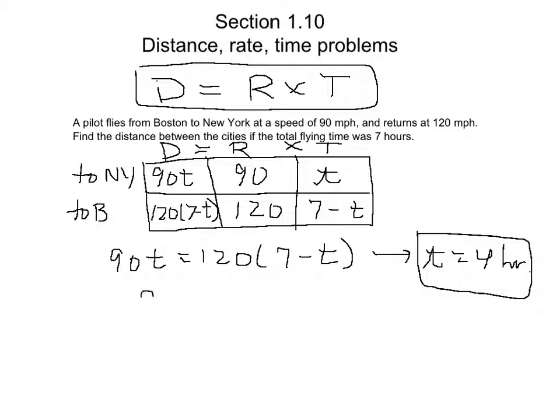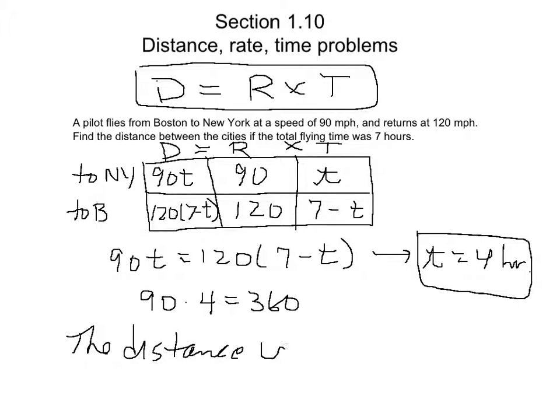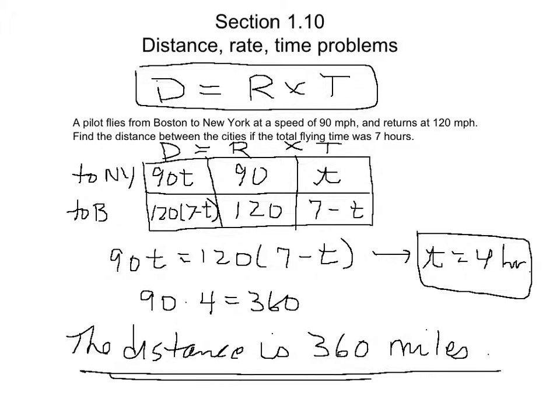And so 90 times 4 is equal to 360. And so I answer the question and say the distance is 360 miles. And there we go. So that's a pretty good problem, and that's one to study again before we move on to the next.